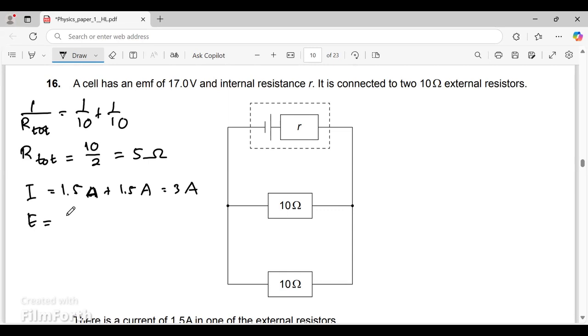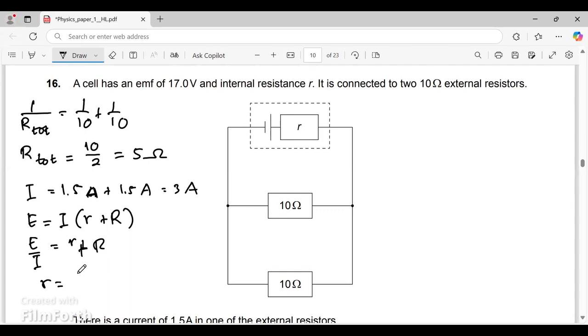So the formula is E equals I times R plus r, and we can rearrange that: E over I equals R plus r.